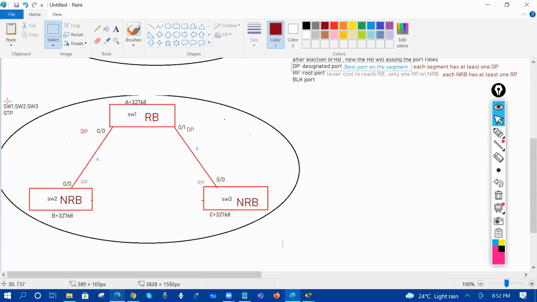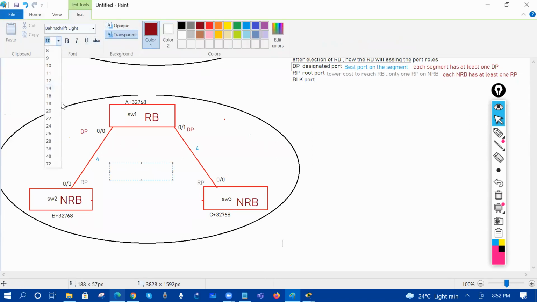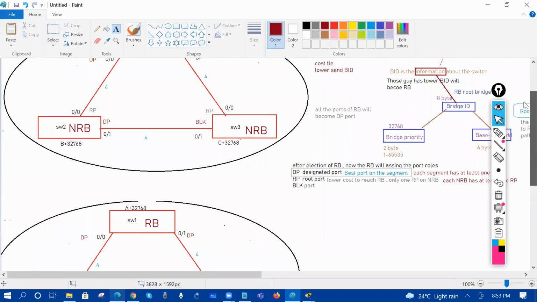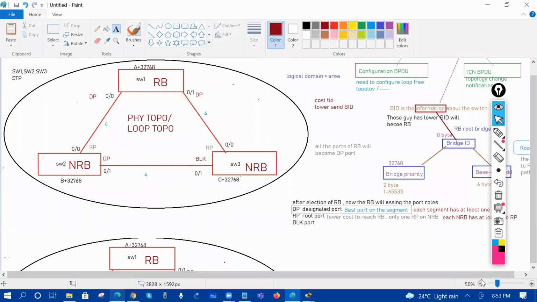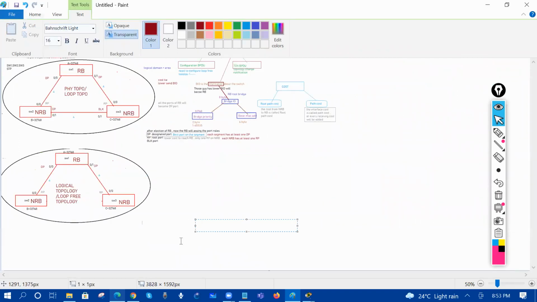This is my logical topology, the loop-free topology. This is my physical topology, the loop topology. So now you can see the difference.